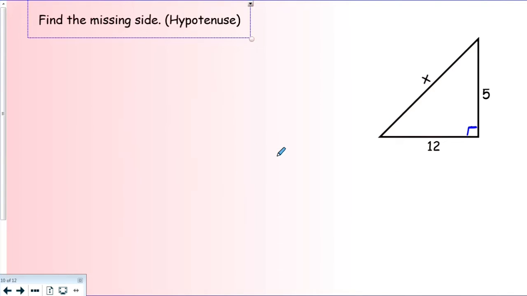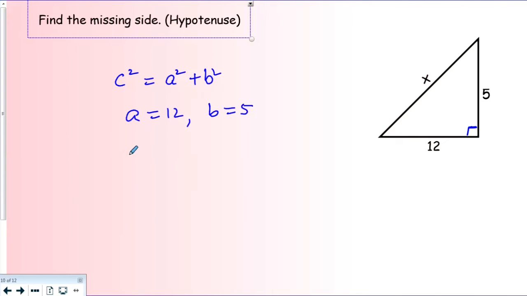In the first example, we need to find the missing side, that is the length of the hypotenuse. By using the Pythagorean theorem, we know that c squared is always equal to a squared plus b squared. Here c is unknown, that is x. We need to find c, where a is 12 and b is 5.